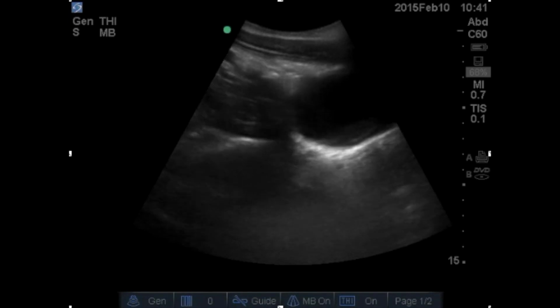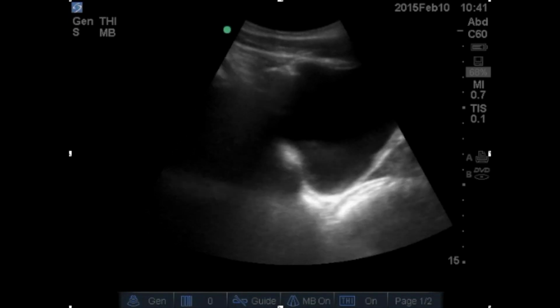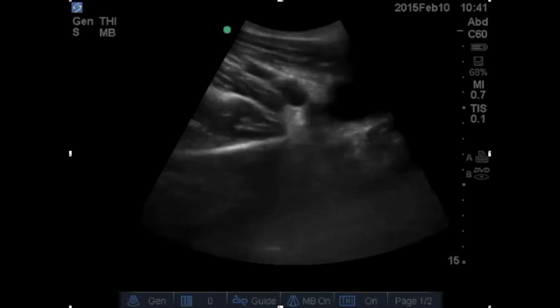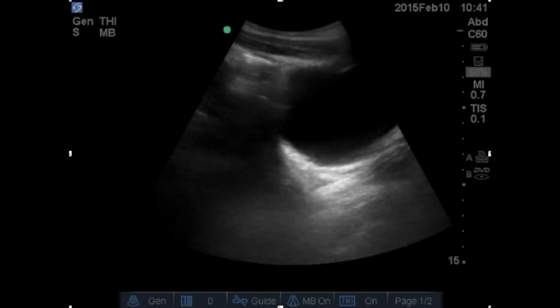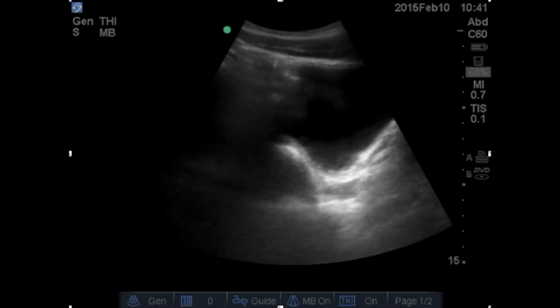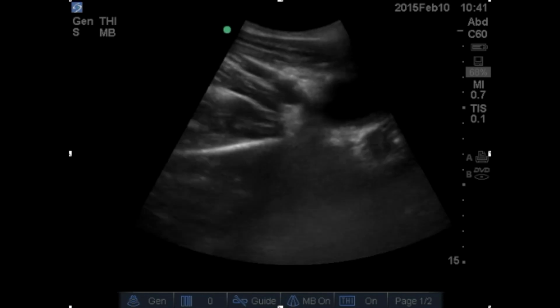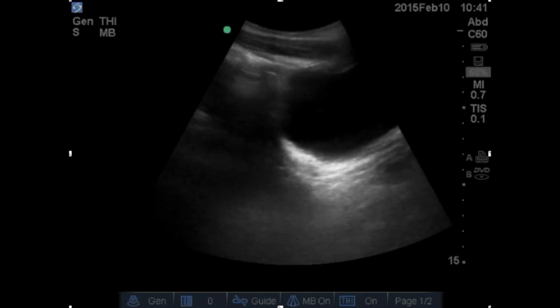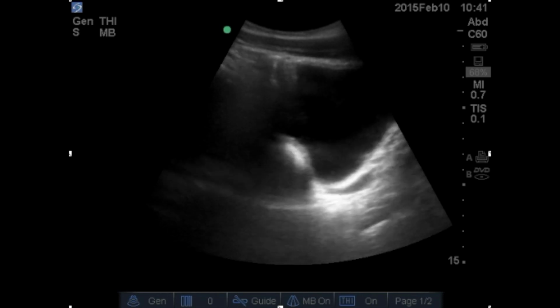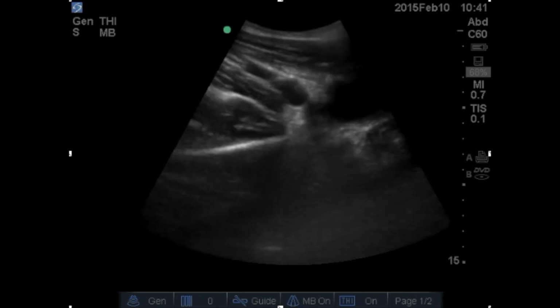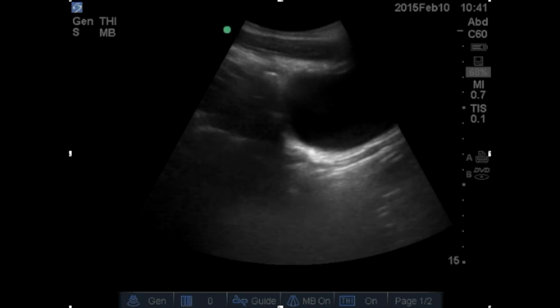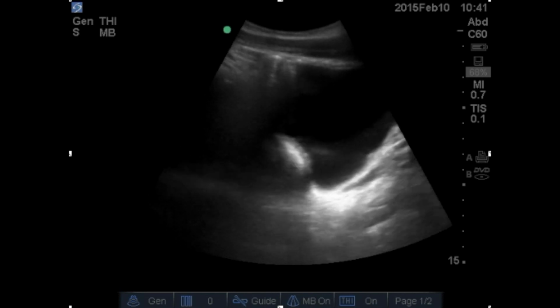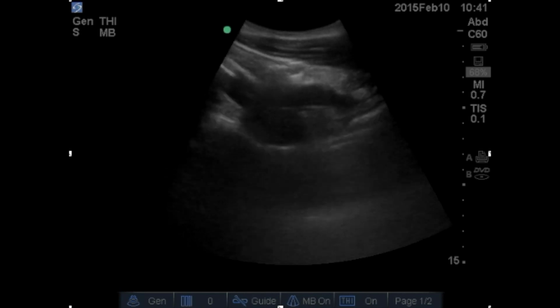So in this clip, the probe is positioned in the same way, so transversely, and the bladder is identified, but also, by swiping, fluid between the bladder and the rectum. The free fluid between the rectum and the bladder is identified.